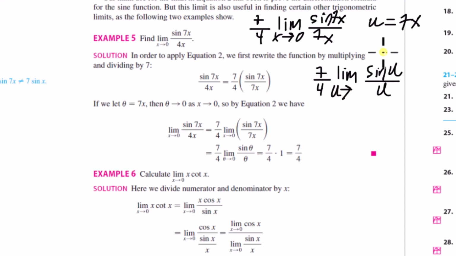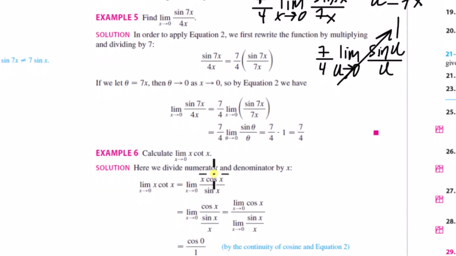As x approaches 0, u also approaches 0. You have to check that. It's not always the case that when you do a substitution in a limit, the limit point doesn't potentially change. But in this case, it doesn't. So we're just left with the limit as u approaches 0 of sine of u over u. Well, that's just 1. So this limit is equal to 7/4.